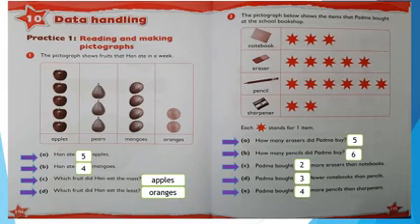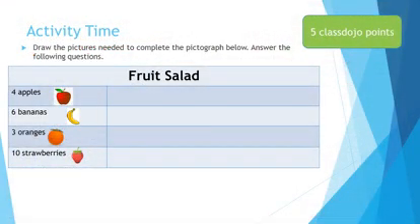Okay, let's proceed. Kids, it's activity time. Now, draw the pictures needed to complete the pictograph below. Answer the following questions. So I have here a pictograph about fruit salad. This pictograph shows the fruits that I need to make fruit salad.